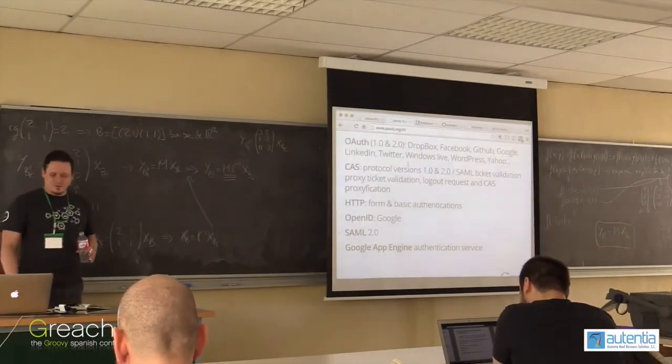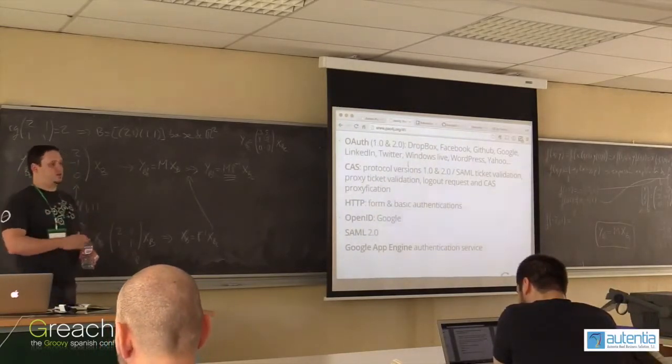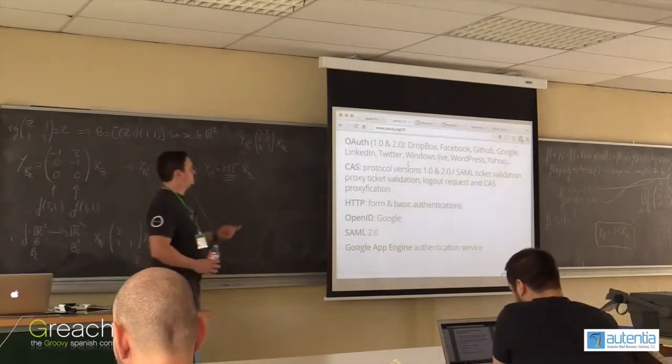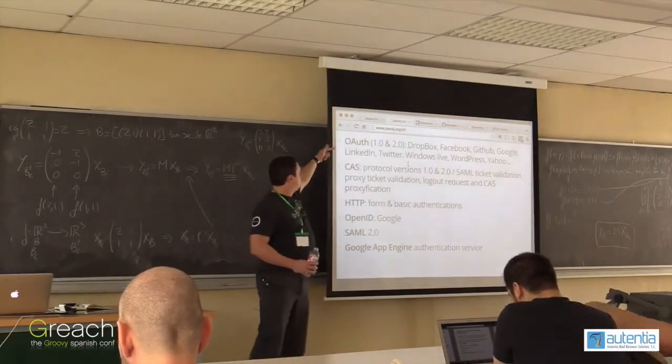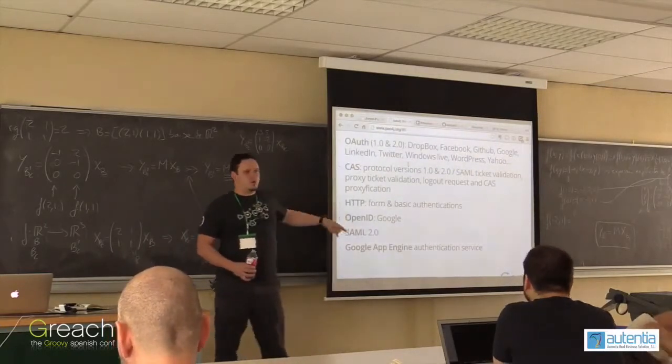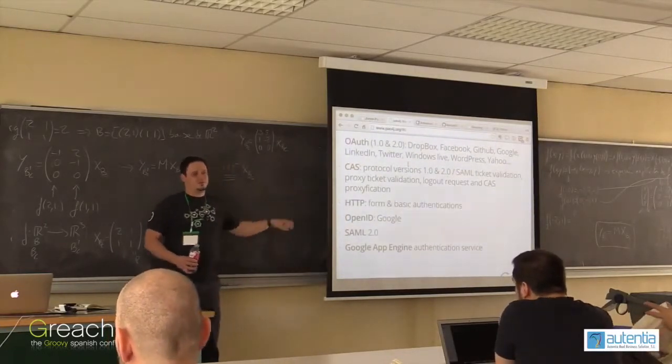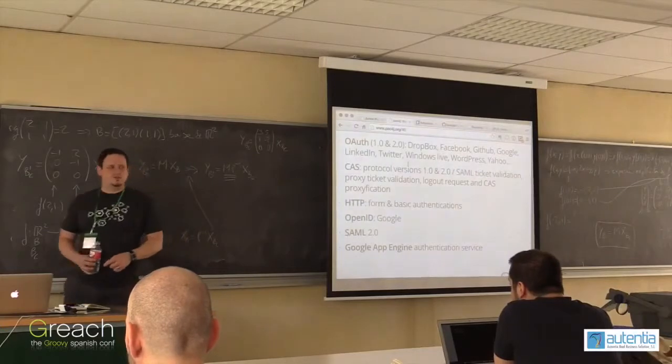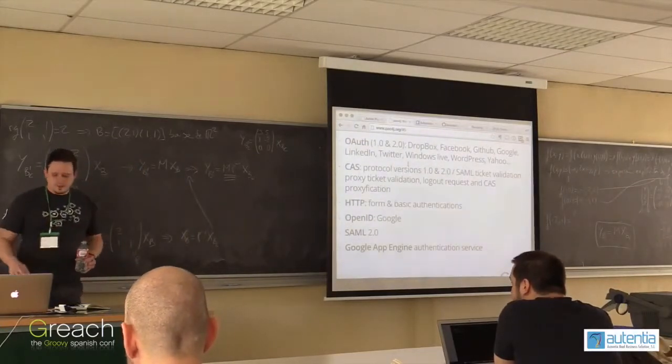So Pac4j out of the box is going to give us a lot of great interactions for OAuth and basic form login. I'm going to show a little bit of these examples and show you how easy it is with what's already built in.